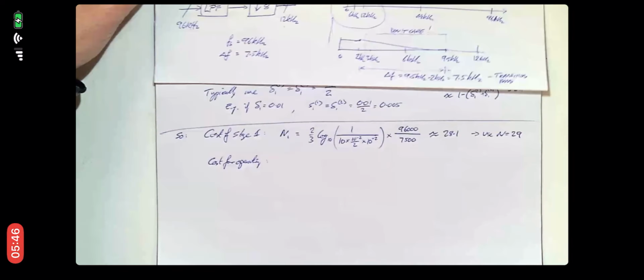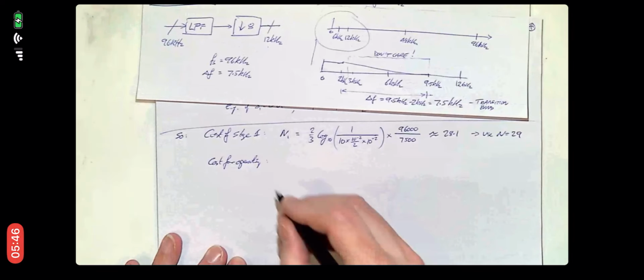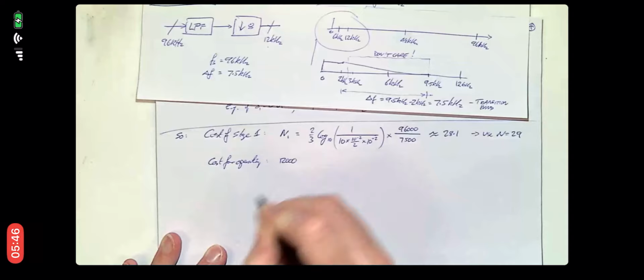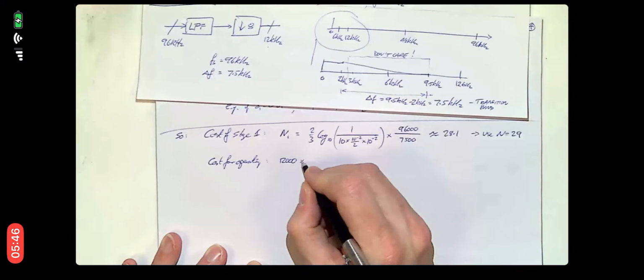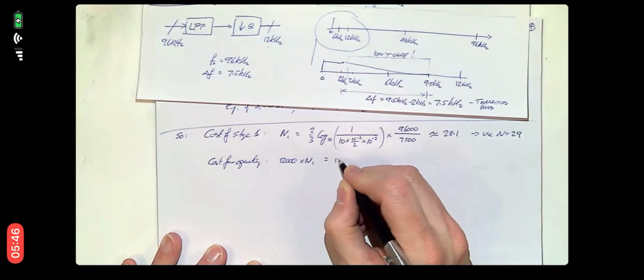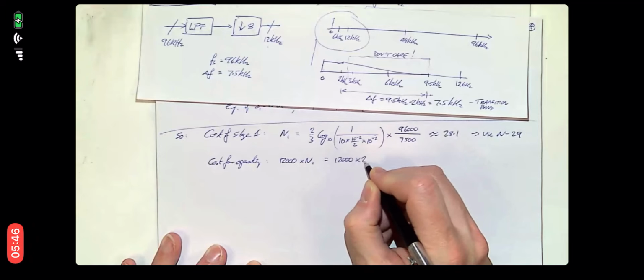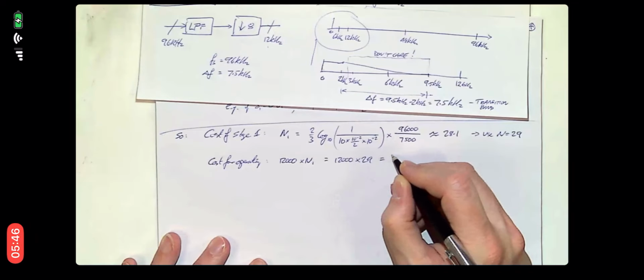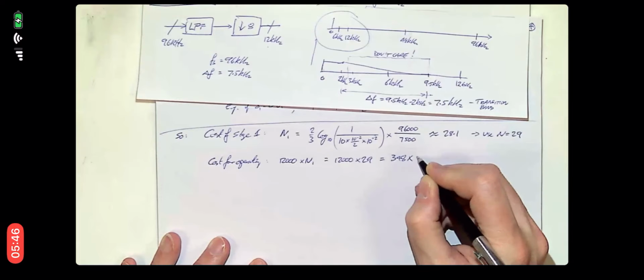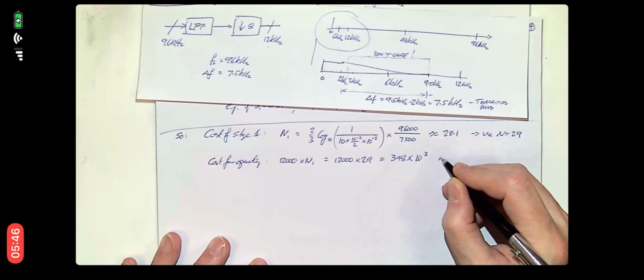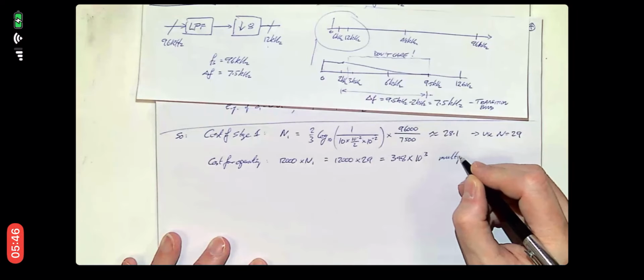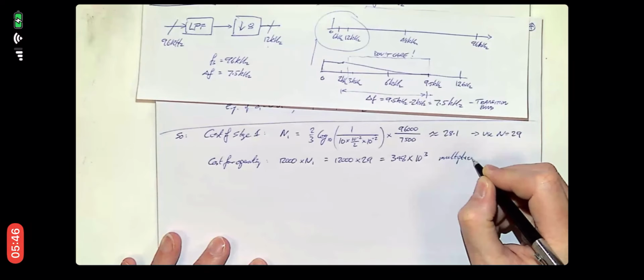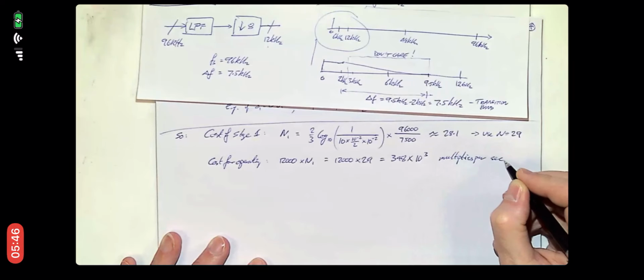So the cost for operating the filter is the lower sample rate, 12,000 times N1, which is 12,000 times 29, which is 348 times 10 to the 3 multiplies per second.